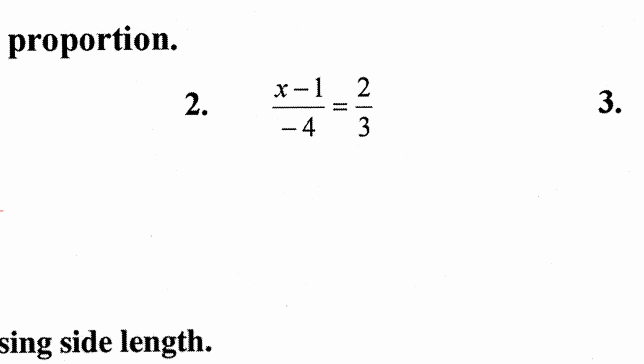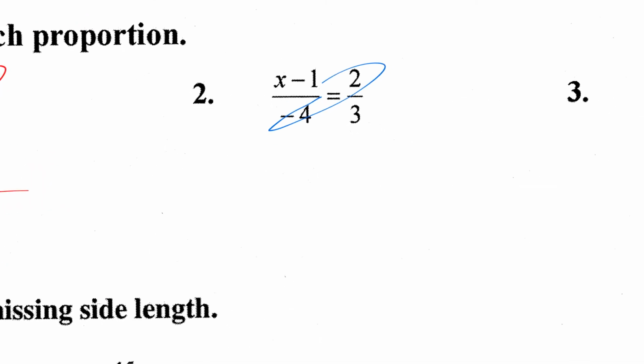Like on number 2. What's negative 4 times 2? Negative 8. Now what is x minus 1 times 3? Or 3 times x minus 1, however you want to say it. 3x minus 3, right? Then you add 3.